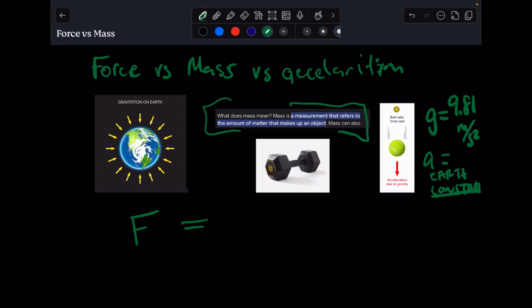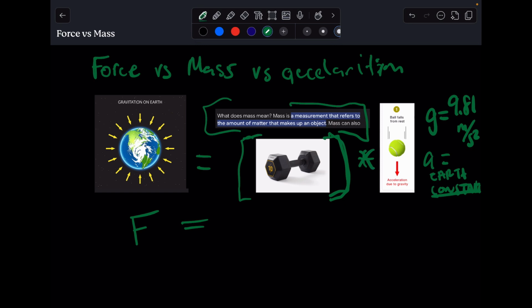So for example, this little 10 kilogram dumbbell is not a force. We have to make that clear: 10 kg is not a force. When we're talking about 10 kg, this is a measurement of mass of the object, but it is not a force, okay? So we can put it into our equation. I'm sorry, this should be times acceleration.